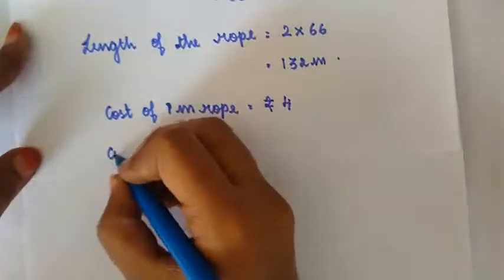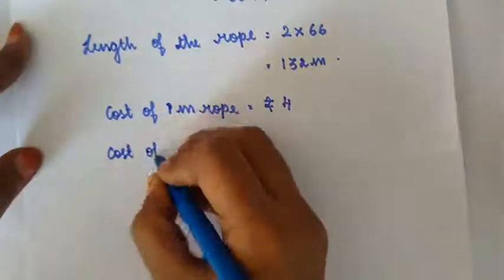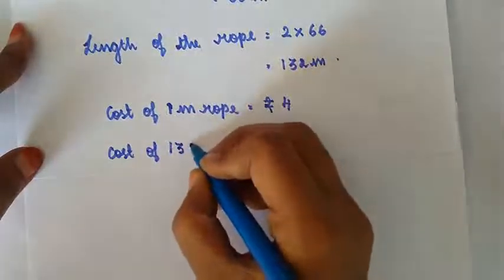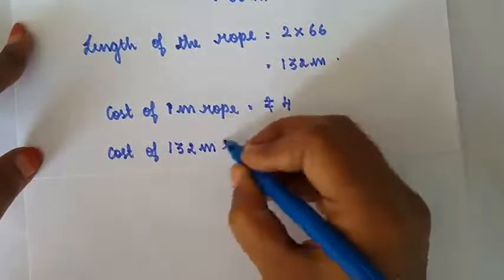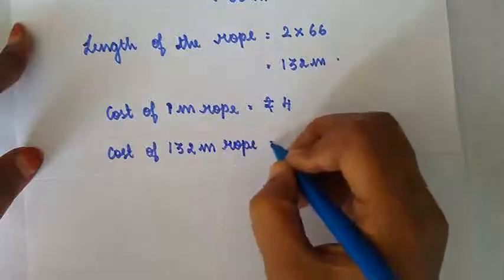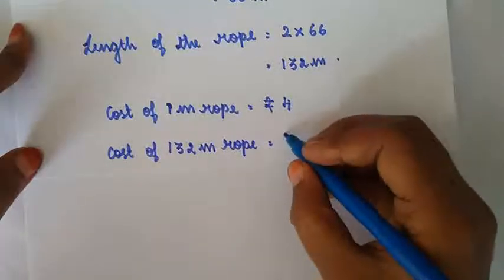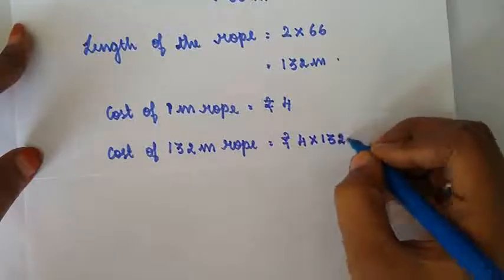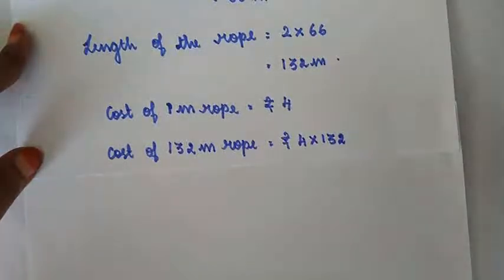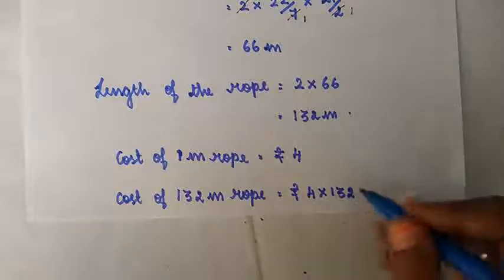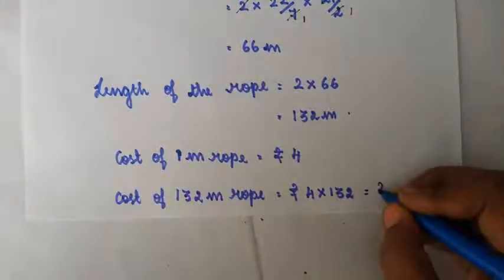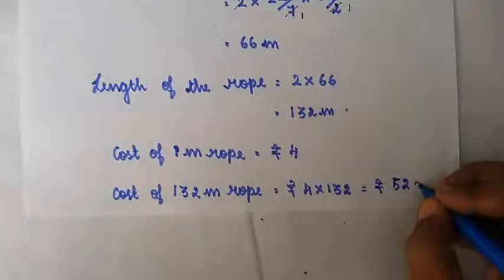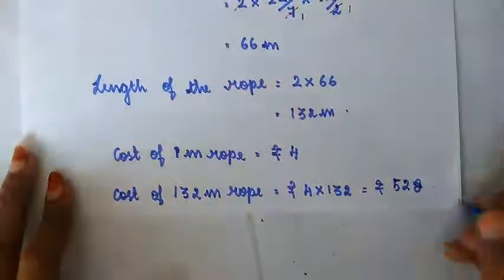Next we want to find the cost of 132 meter rope, which equals ₹4 into 132 meter. Then we have to multiply these two numbers. It is nothing but ₹528.